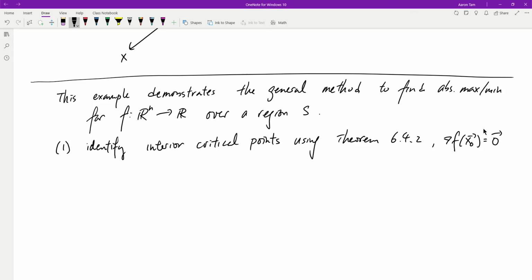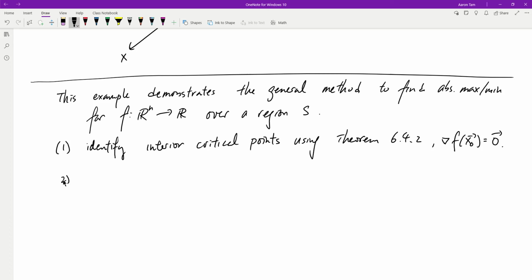So you try to find the vector x sub 0 that satisfies this equation. Now, important to understand is that simply identifying critical points, we don't actually know if those points will result in a maximum or minimum. As a matter of fact, they are candidates for absolute max and absolute min, but they don't necessarily have to be relative max or relative min. And later on, we will talk about how to identify that.